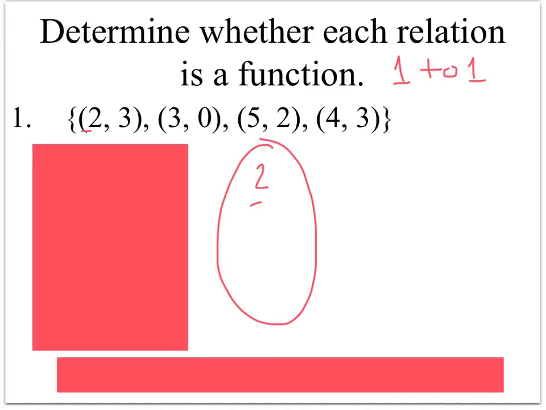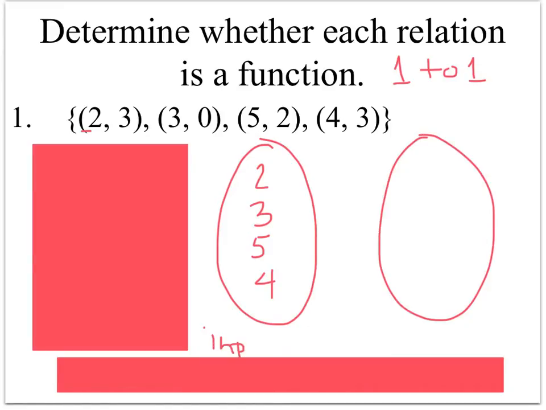I have 2, 3, 5, and 4. Then I'm going to map out all my outputs. Here's my input. Here's my outputs. It's 3, 0, 2, and then I'm not going to write another 3 because the 3 is already there.